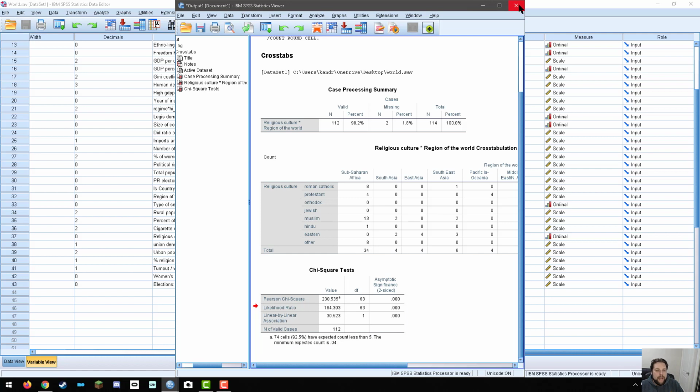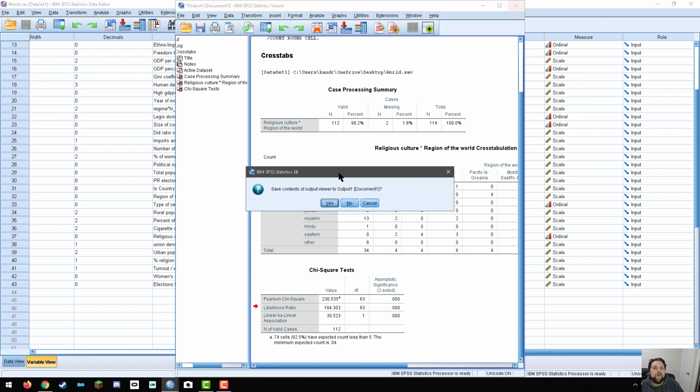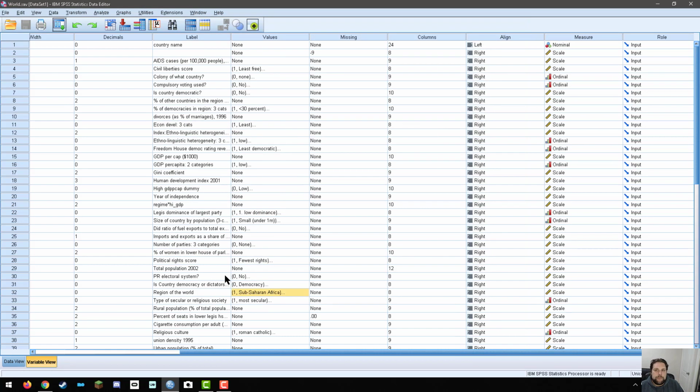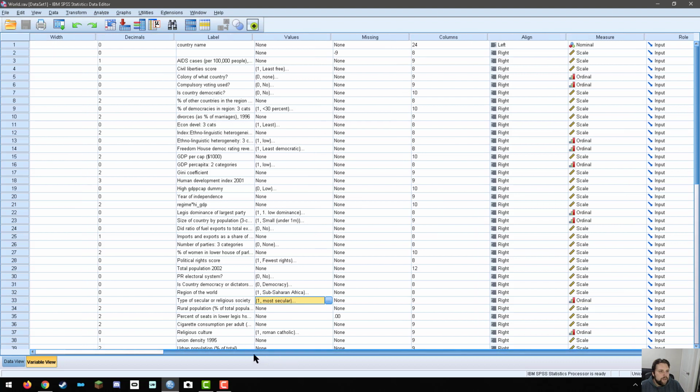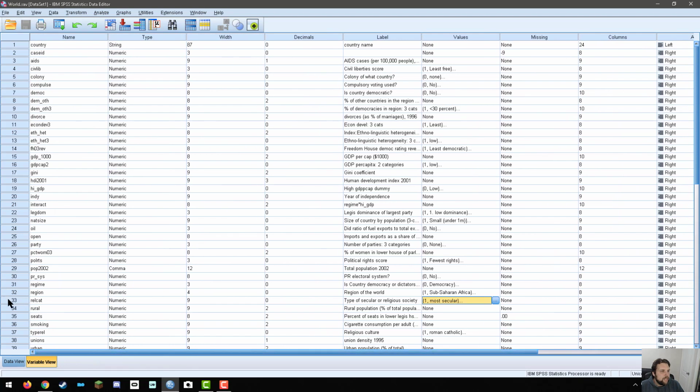Now let's go ahead and do a Spearman's rank correlation coefficient or rho test, which is primarily good for ordinal level data. So let's use the type of secular or religious society, because you have most secular, moderate, and most religious. So there is an order to it. So that's going to be RelCat.